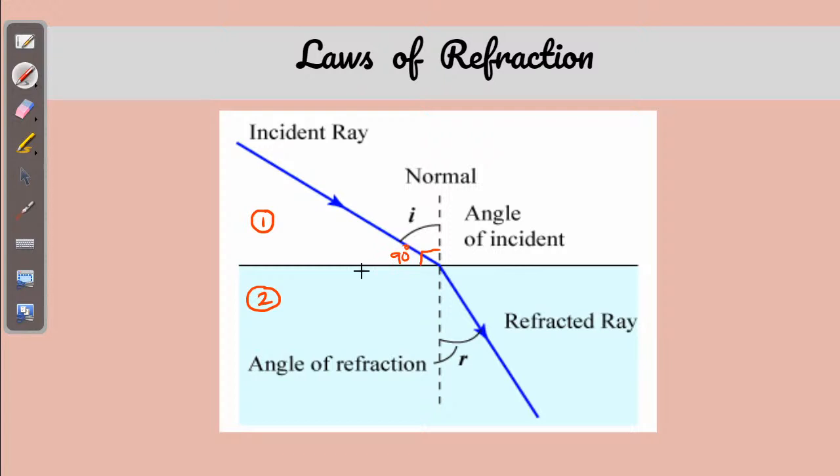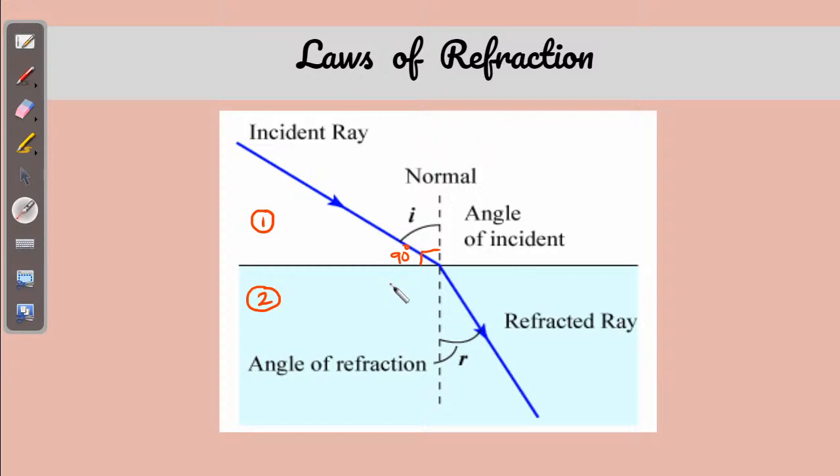This much you know. Now, the ray that is coming and falling on the interface separating the two media, we call the incident ray. The incident ray makes some angle with the normal. This angle is called the angle of incidence, the angle between the normal and the incident ray.